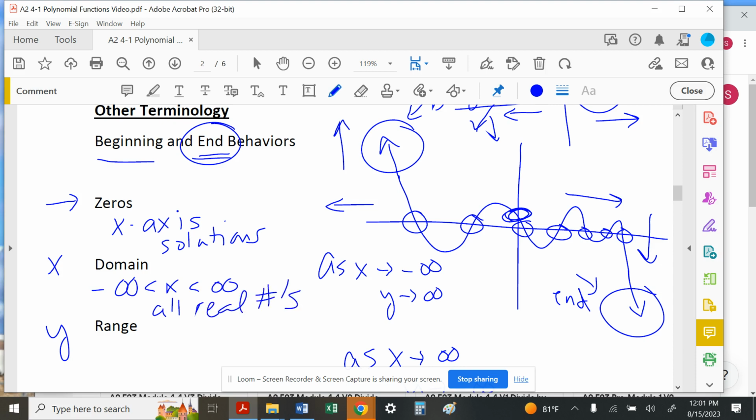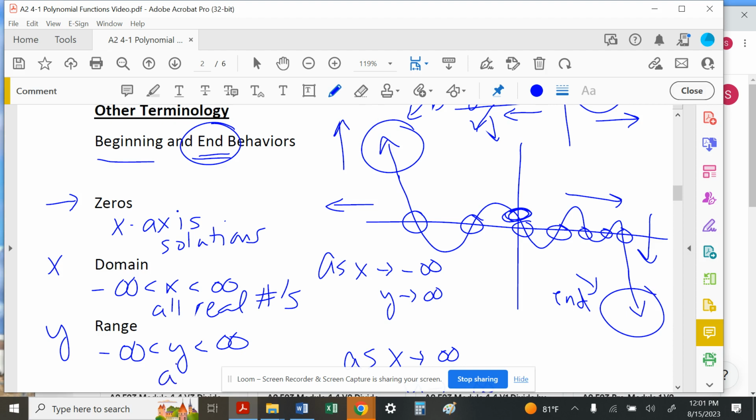And then for the range is where it goes up or down. So notice in this case, it goes down to negative infinity. So that's the lowest number it goes down to. And the highest number it goes up to is positive infinity because it goes positive infinity here. Notice I'm not really doing beginning to end. I'm just figuring out what's the lowest number. The lowest number is going to be located down here. And the highest number is going to be located all the way up here. So that would be considered the range.